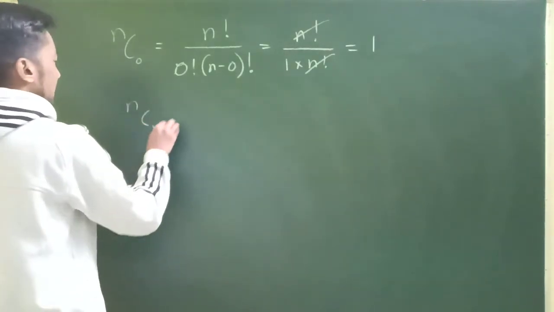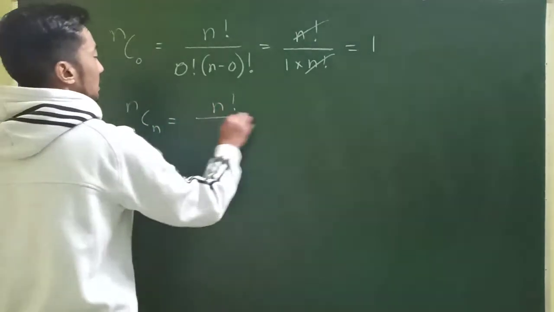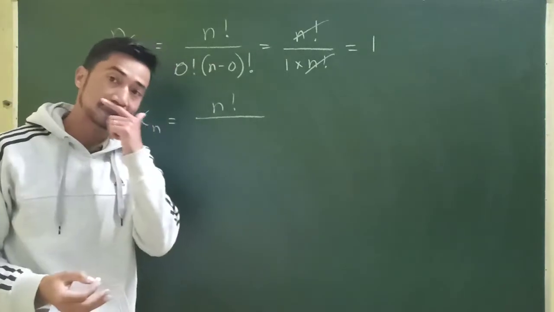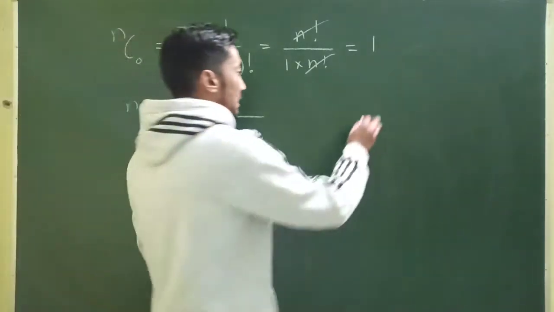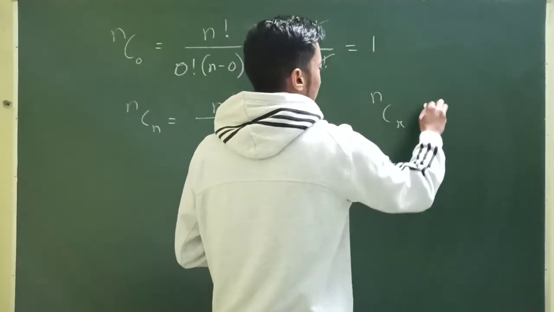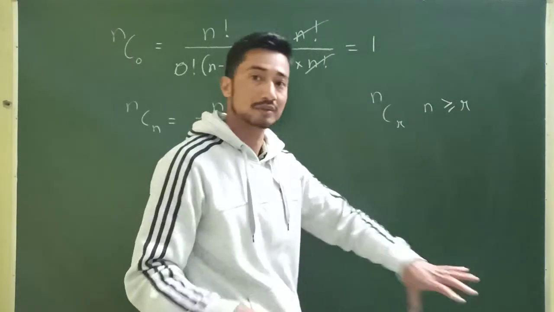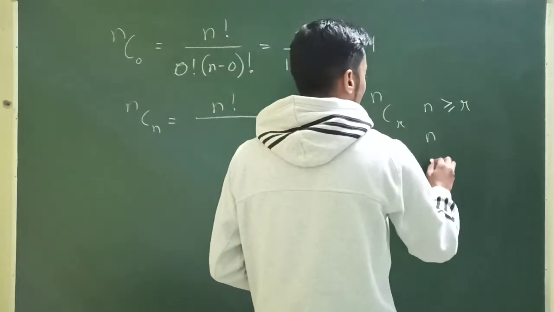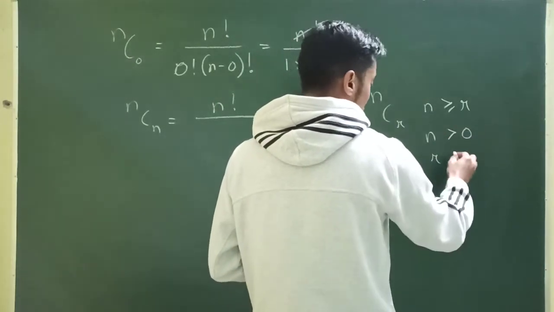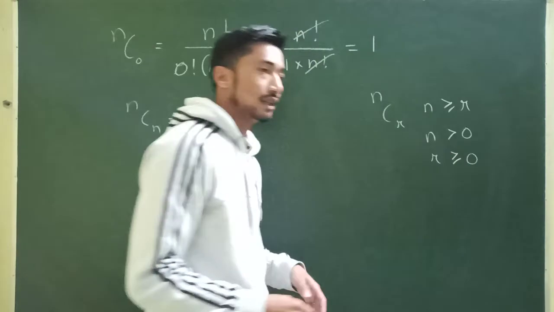What about nCn? The same thing holds as in permutations: when you have nCr, the value of n should always be greater than or equal to r, as was mentioned in that theorem. n should be greater than 0, and r should be greater than or, at minimum, equal to 0.